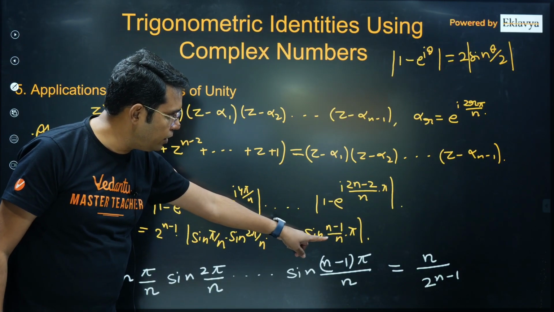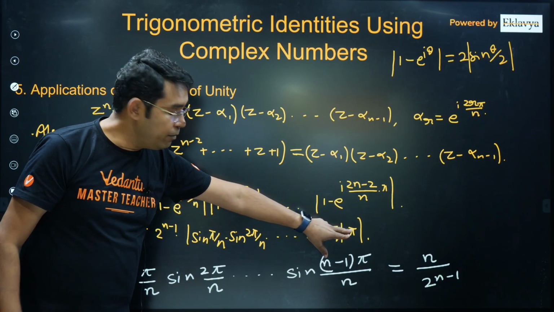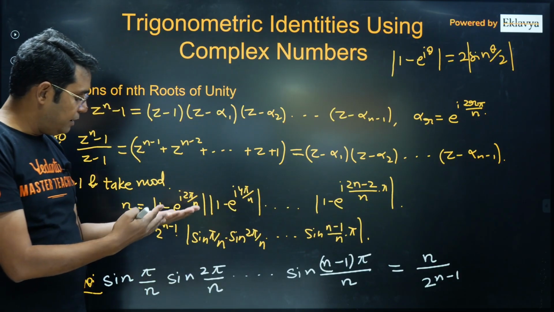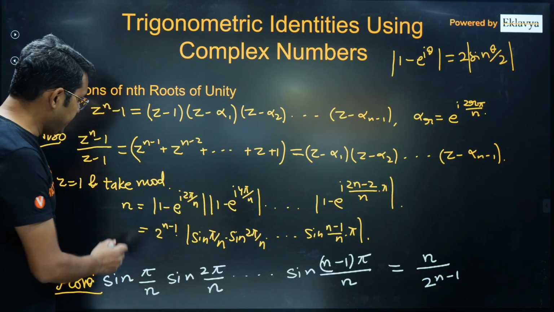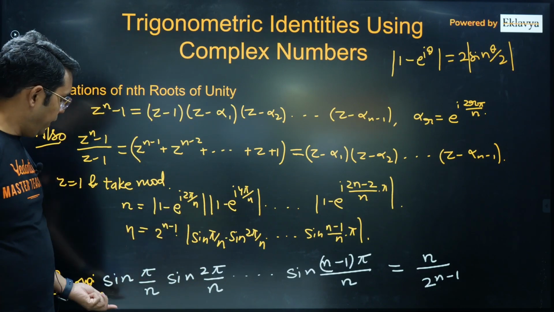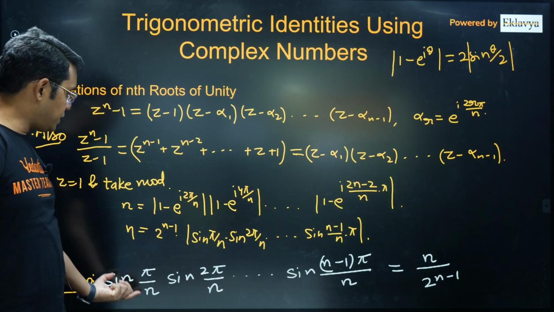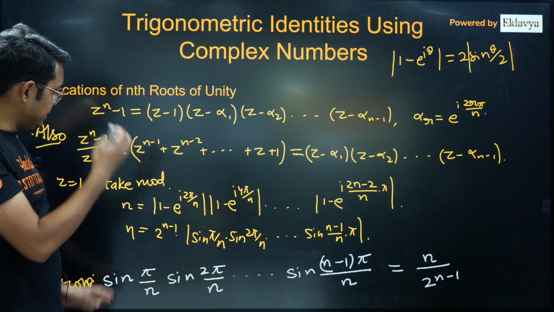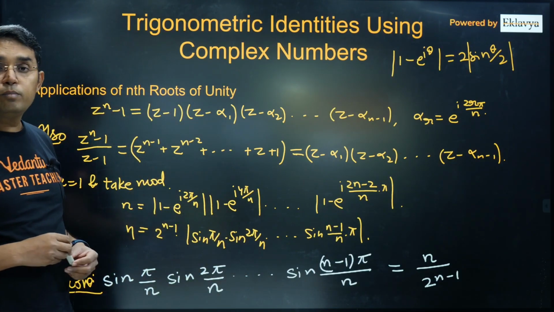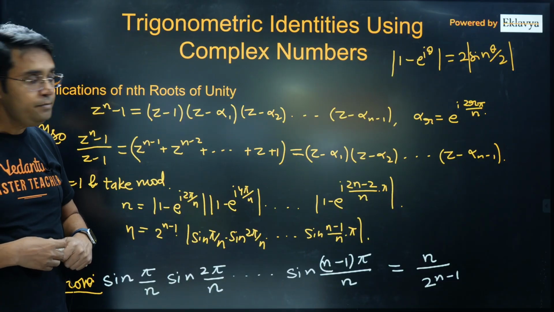N minus 1 upon n is less than 1, multiplied with pi will give you lesser value, so all the signs will be positive. So I can directly say mod is not required, and that is what we are looking for. Sine pi by n, sine 2 pi by n, and so on, sine n minus 1 pi by n is equal to n upon 2 power n minus 1. That's it.